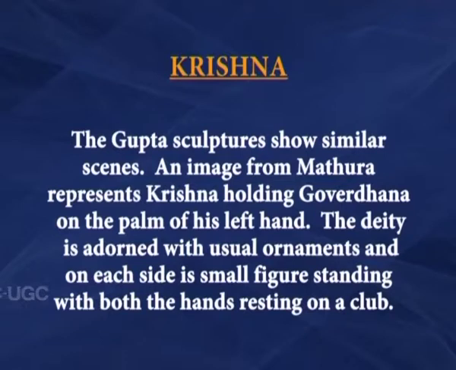The Gupta sculptures show similar scenes. An image from Mathura represents Krishna holding Govardhana on the palm of his left hand. The deity is adorned with the usual ornaments and on each side a small figure stands with both hands resting on a club. There are numerous images of Krishna in the various museums.